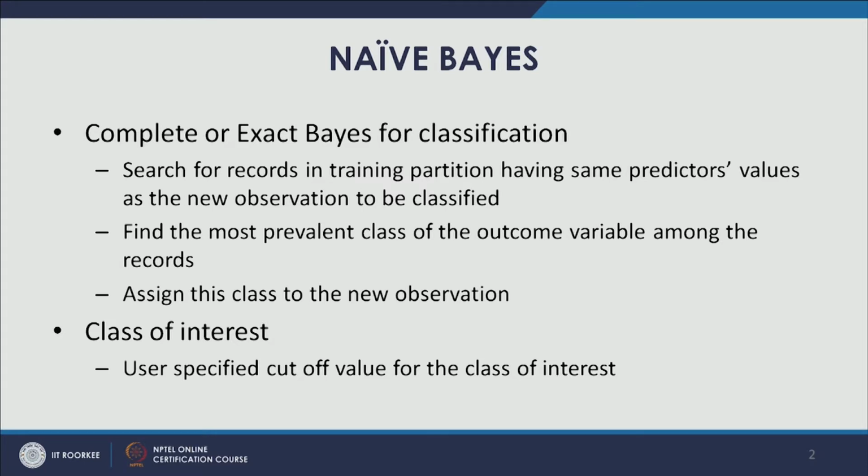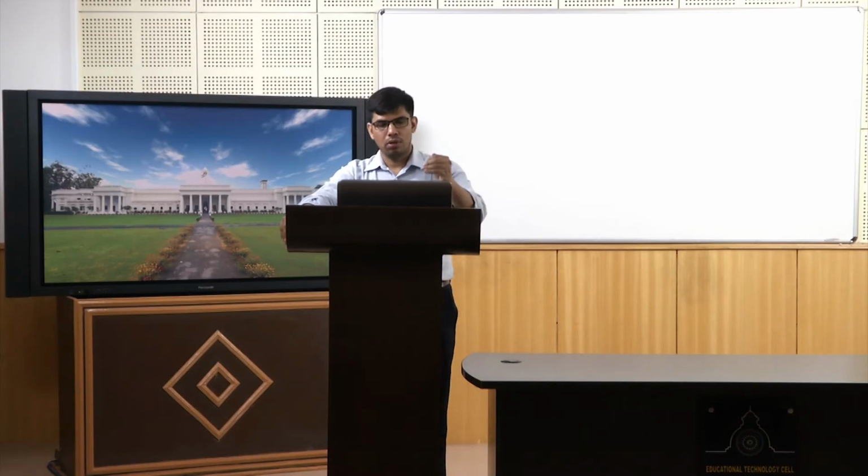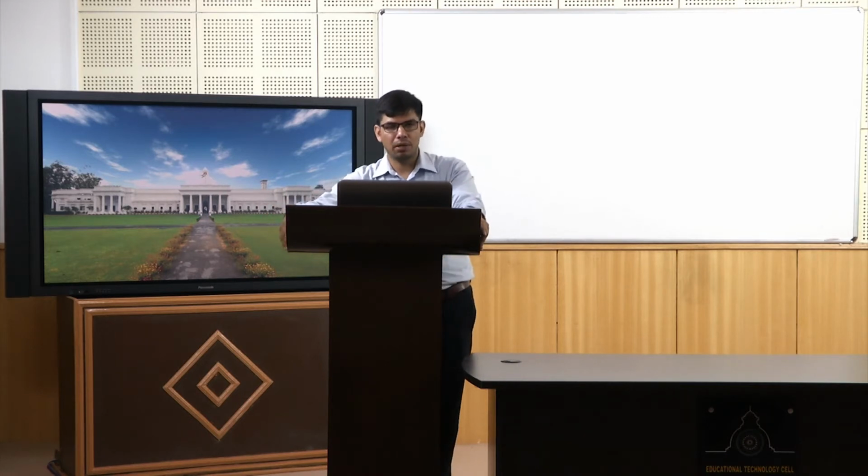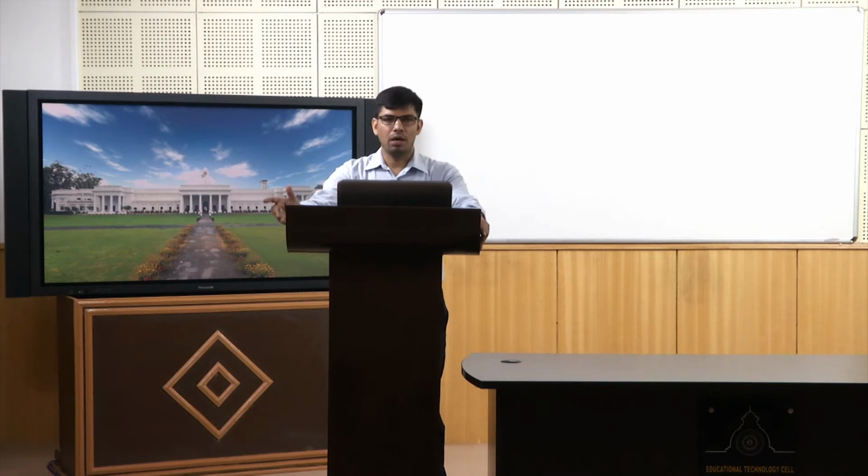You can see there is a similarity in terms of steps with the KNN approach. In the KNN approach we also had very simple steps: doing the computations between the new observation and the observations in the training partition, then searching for the K nearest neighbors, then looking for the most prevalent class and assigning it to the new observation.